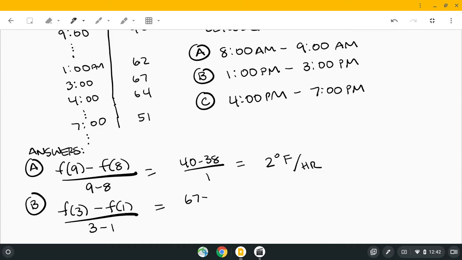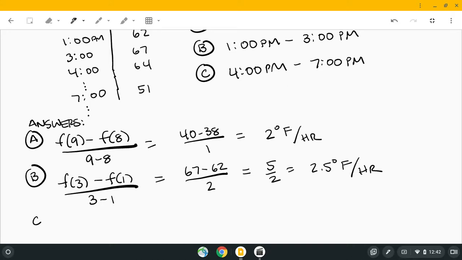Here's 1 p.m. Its y value is 62. So remember, it's like slope. So it's y minus y over x minus x. 3 minus 1 is 2. So we get 5 over 2, which is 2.5. So 2.5 degrees Fahrenheit per hour.